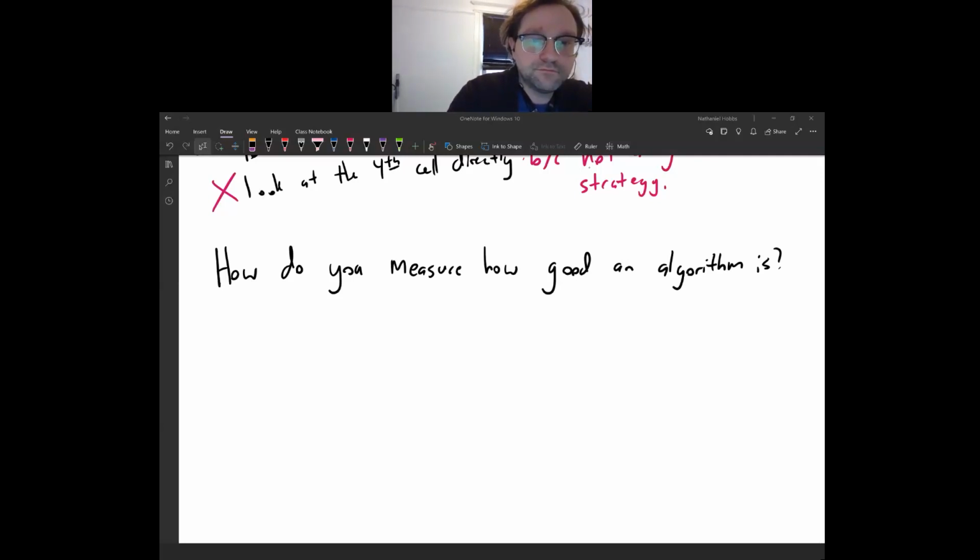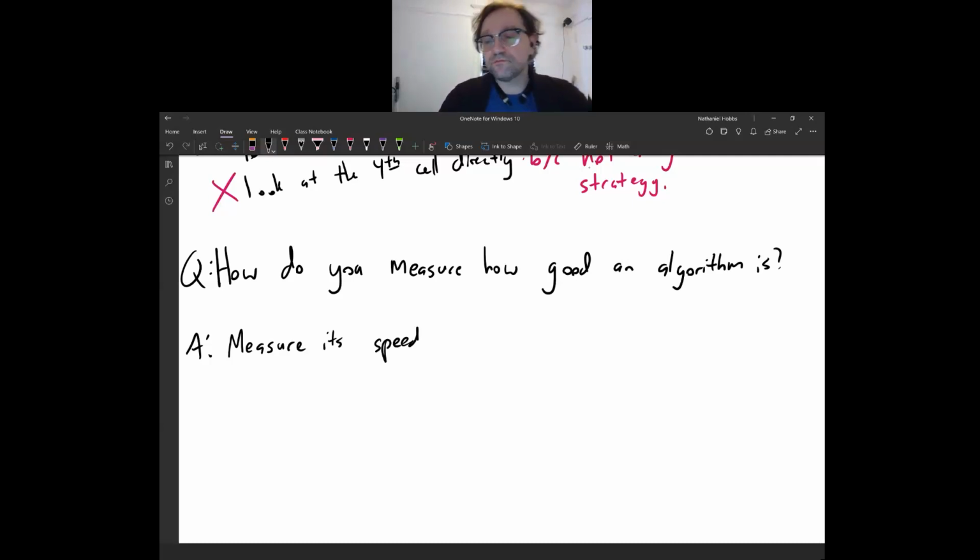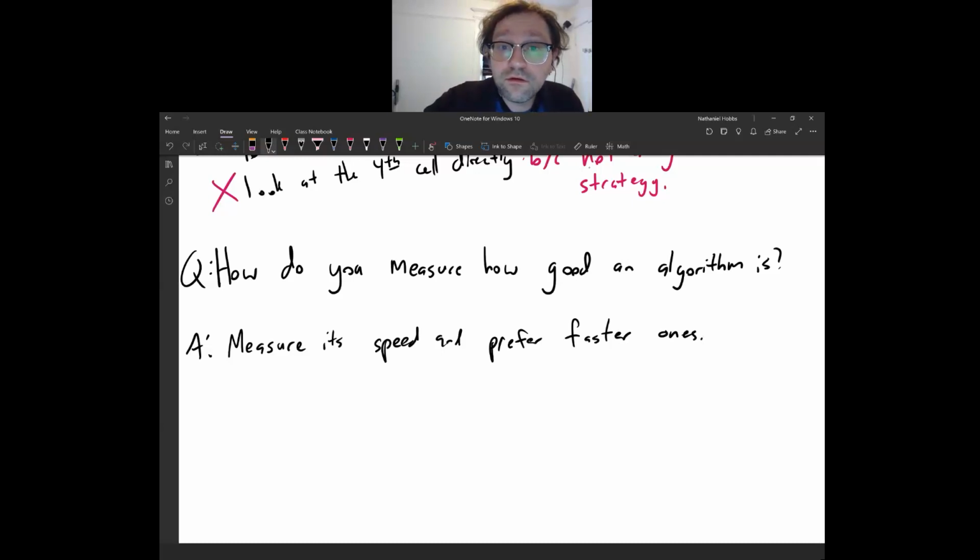You can measure its speed, and prefer faster ones. Okay. Now, there's a question of how do you measure the speed of an algorithm?